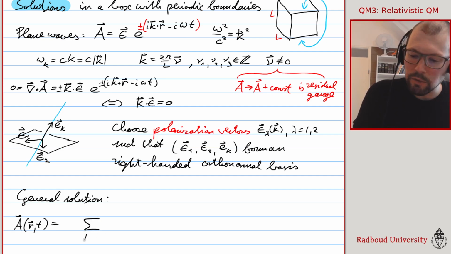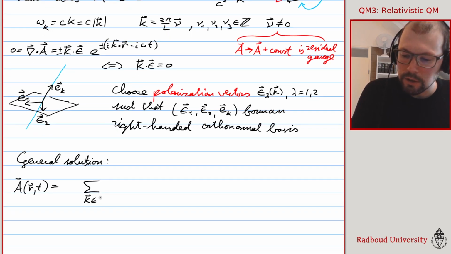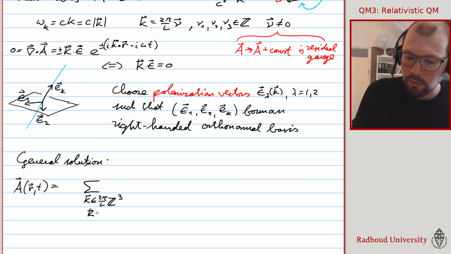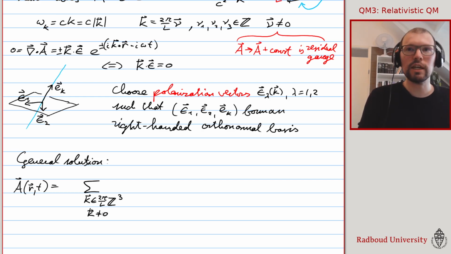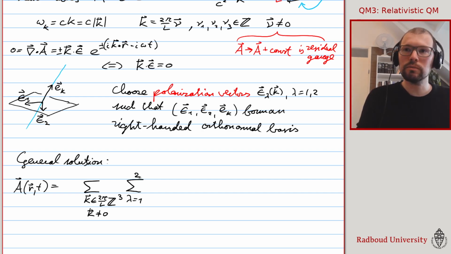I get a sum over all wave vectors. So let's be explicit: they have to be 2 pi over L multiples of integers, but not vanishing.